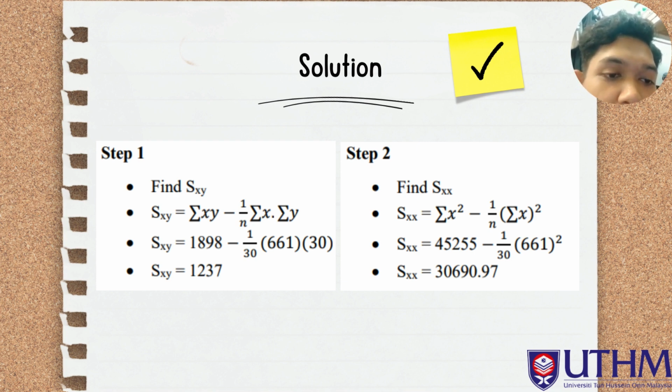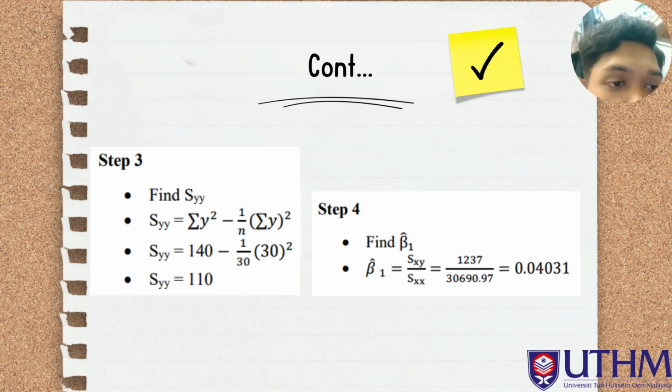So we got 690.97. For step 3, we find SYY. The formula is the sum of Y squared minus 1 over n times the sum of Y, squared. So we got 110.